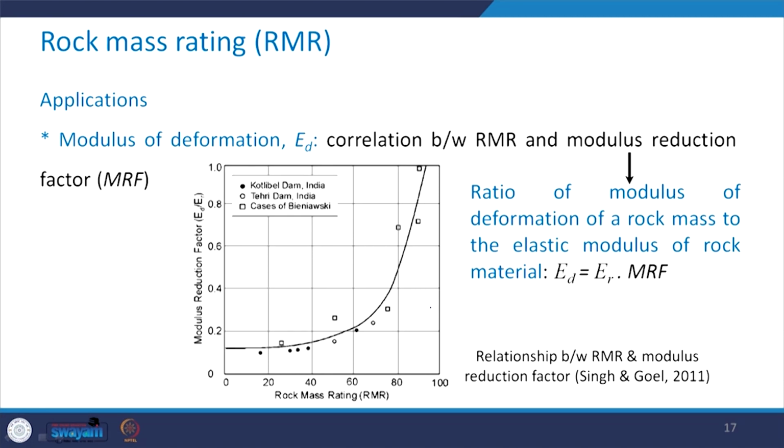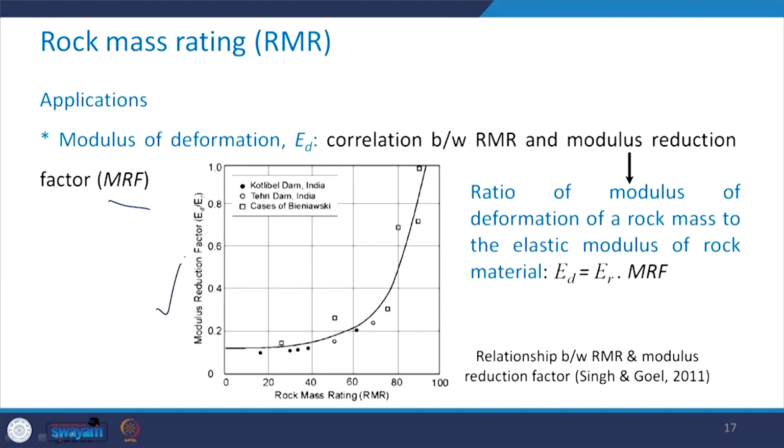The next application is the determination of modulus of deformation. I already defined for you how the modulus of deformation is different from the elastic modulus. The correlation between RMR and the modulus reduction factor, which is MRF, is given in this figure.